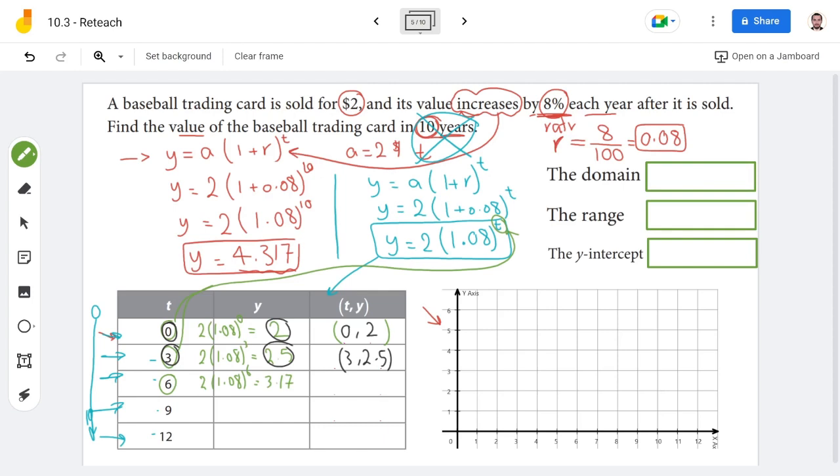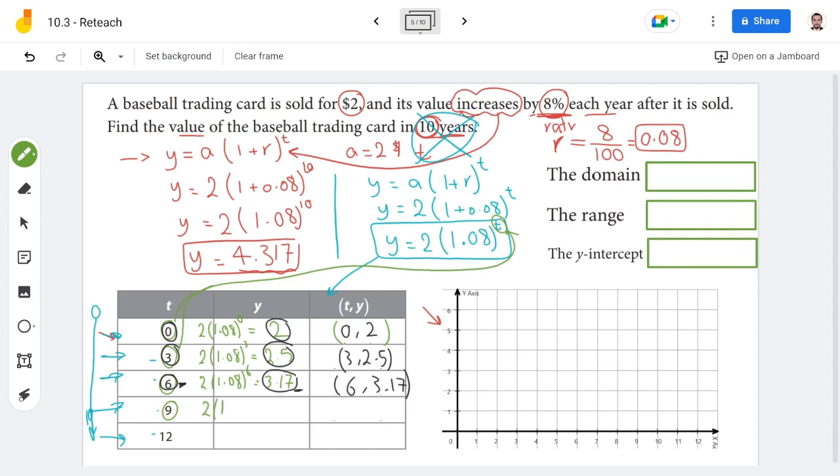So 3.17. Yes, that's right. Now you take these two values and replace them in the table. You first take 6, then you take the second value, 3.17. We can also continue replacing 9.